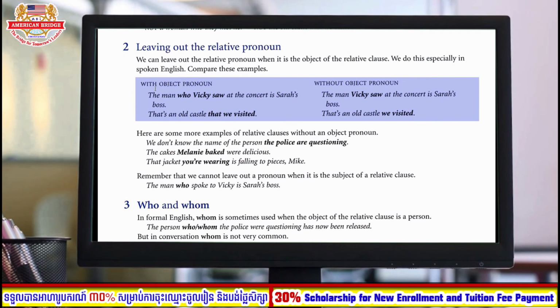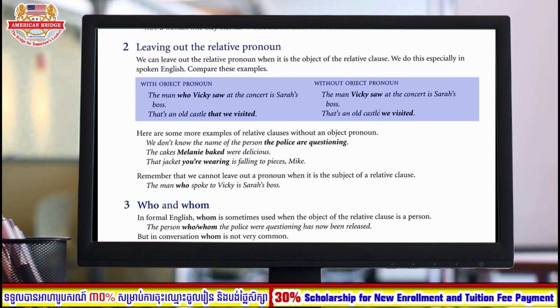So look at the example with object pronoun. The man who Vicky saw at the corner is Sarah Bose. That's an old castle that we visited, right? So here we use the relative pronoun, but without the object pronoun. "The man Vicky saw," right, is supposed to be "the man that Vicky saw," or "the man who Vicky saw at the corner is Sarah Bose," but you can leave it out right here.